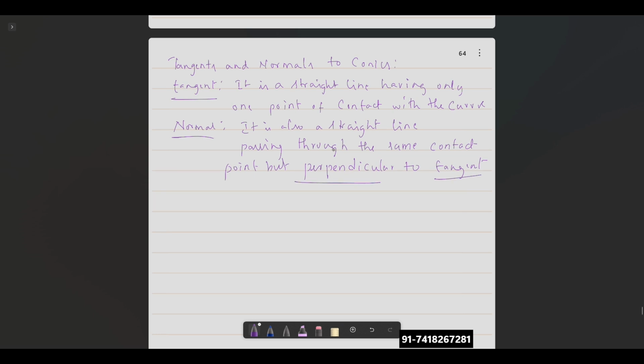Perpendicular to the tangent is the key point. Same contact point, and the tangent is a straight line having only one point of contact with the curve. So this is the meaning of the standard tangent and the normal.